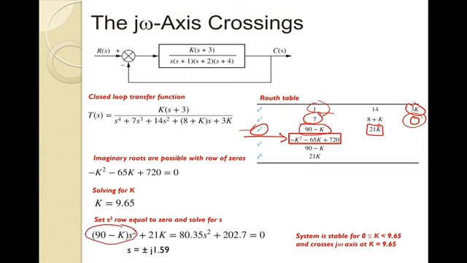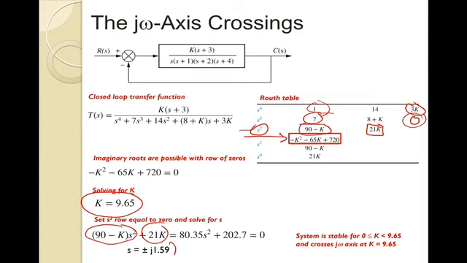Okay, then the next term is plus 21k, which is right there. Okay, and then if I work that out and substitute the value of k that I had found previously, I can actually find where on the j omega axis, for that value of k, my poles will exist. And so you can see right there at plus or minus j 1.59.